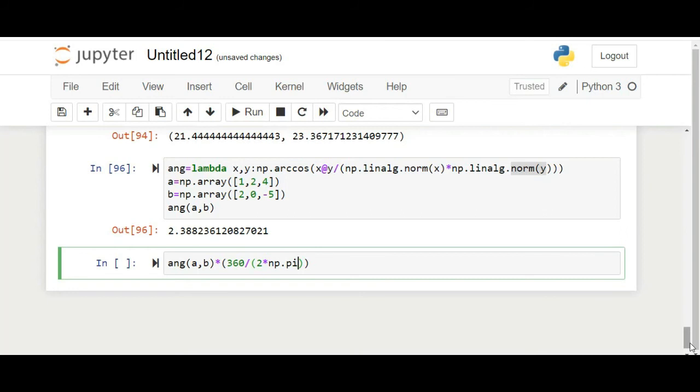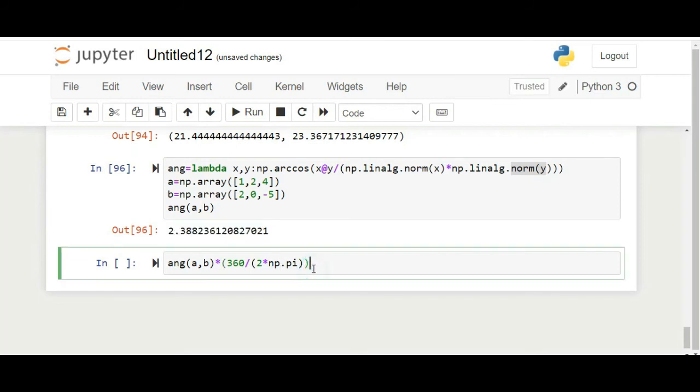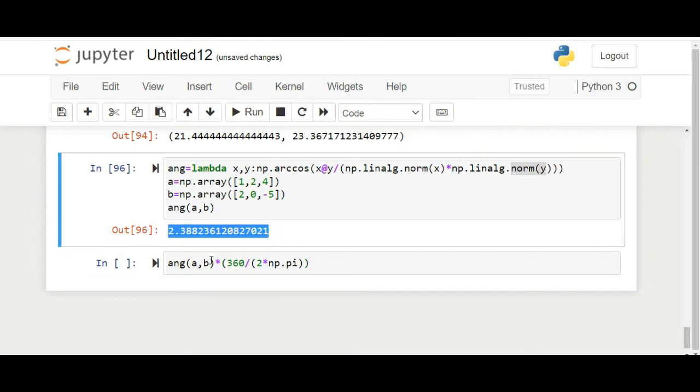Then what will be the angle if we multiply by 360 divided by 2 pi? We are actually multiplying this angle with 360 divided by 2 pi. Why are we multiplying? Because we want to convert this angle which is in radians into degrees. So we are multiplying with 360 divided by 2 pi, which means that we will convert this angle which is in radians into degrees.